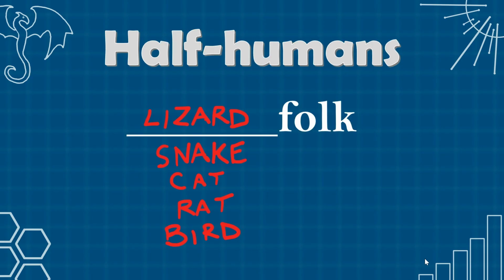Half humans are combinations of humans and an animal. Their names are usually the animal's name plus folk. Lizard folk, snake folk, cat folk, rat folk, bird folk.